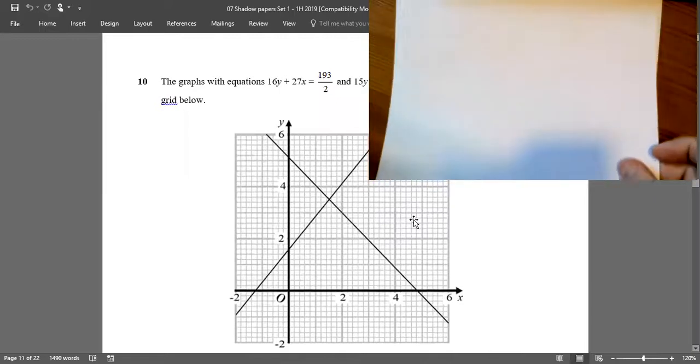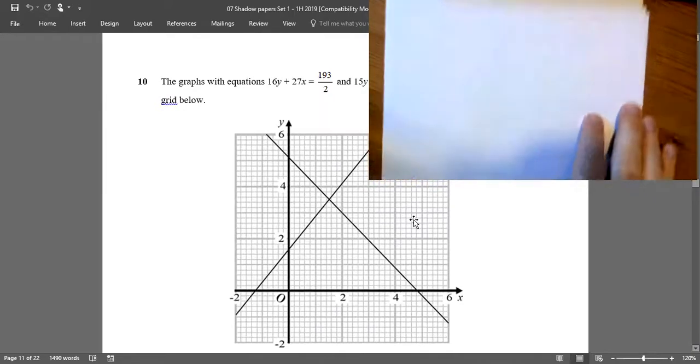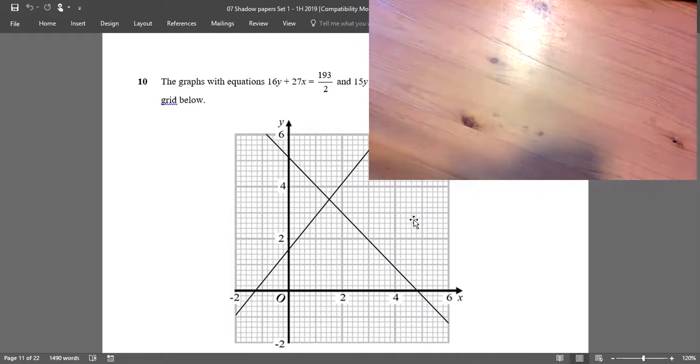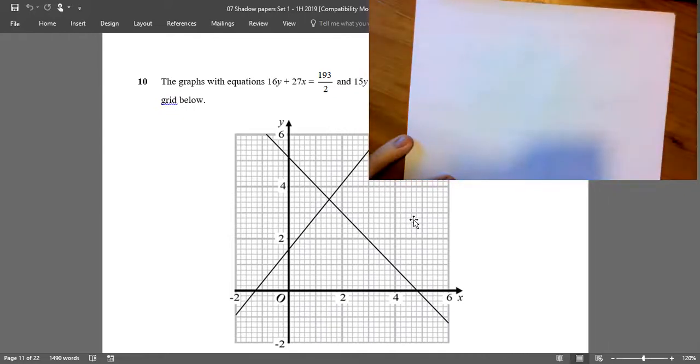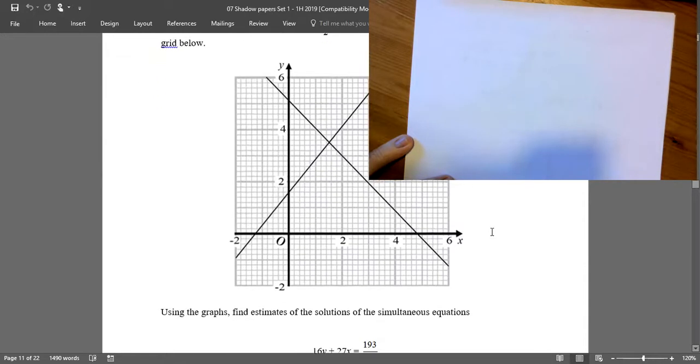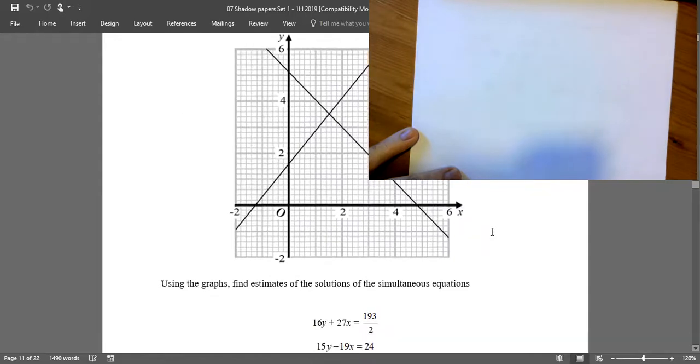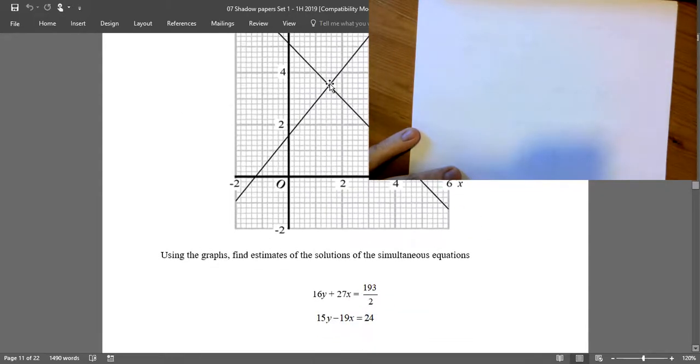Okay, the graph with the equation 16y plus 2x equals 193 over 2, and 15y minus 19x equals 24 are given on the grid below. Use the graph to find estimate solutions for the simultaneous equations. So we are looking for where they cross.